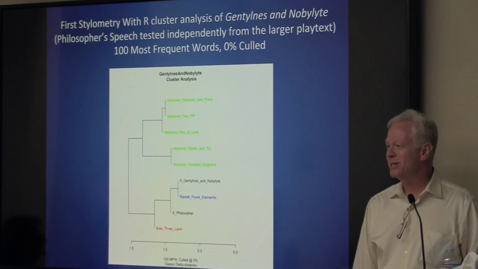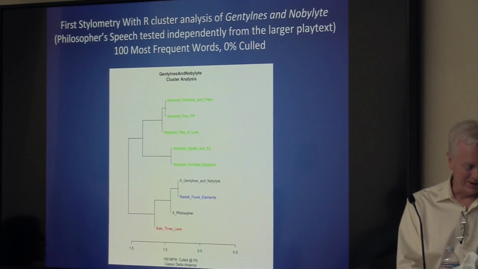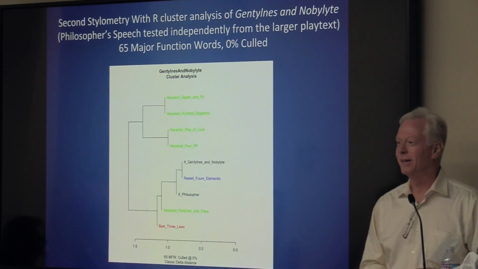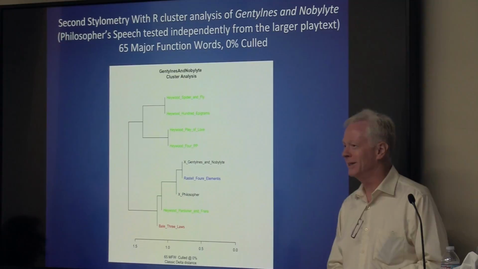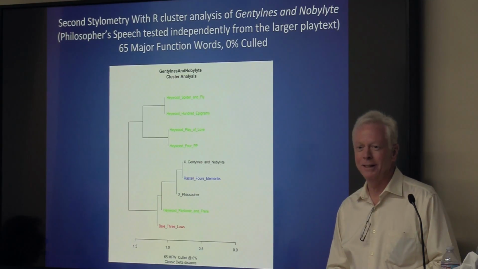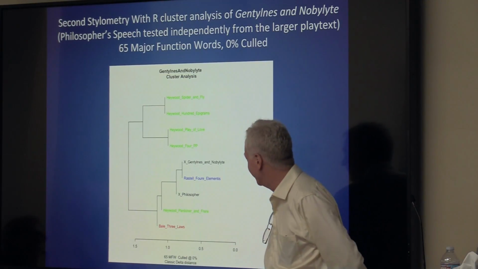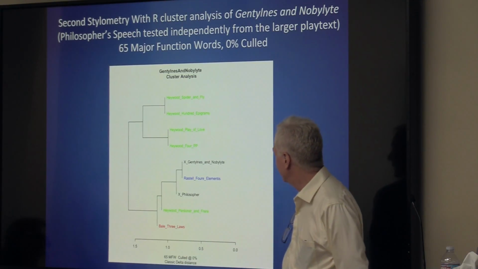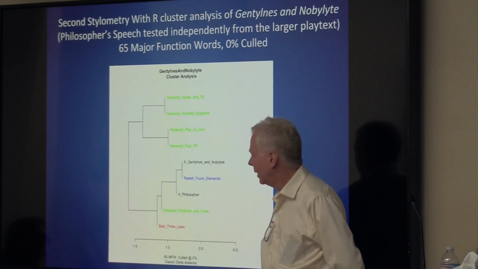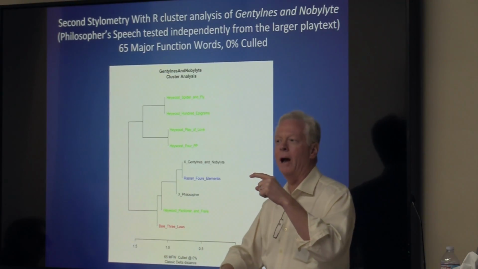This was the first time I'd ever done it in any modern language, and it raised issues which I should have thought of but didn't, like we have auxiliary verbs in English, which I think the next time I do this, I am counting those as function words. But all the verbs went out the door when I did this. And so here we have the 65 most frequent words, but with the content words thrown out.